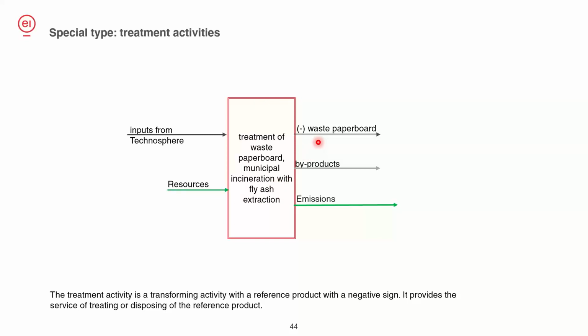The reference product, repeating again, is the main reason for performing an activity. The main reason for performing this treatment activity is in order to treat this waste paperboard. So this is why it's a reference product.